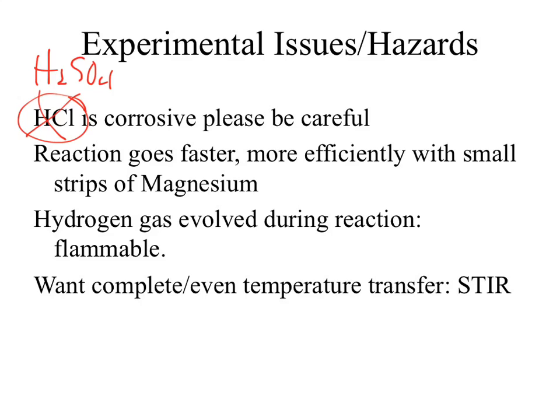How many times do you think this experiment's been done before? Probably a few, probably a million times. That data has been tabulated accurately in your textbook, so you can open up your textbook to get an accurate value for what the reaction enthalpy should be, which is going to be helpful for you because your answer should be pretty close to that value.